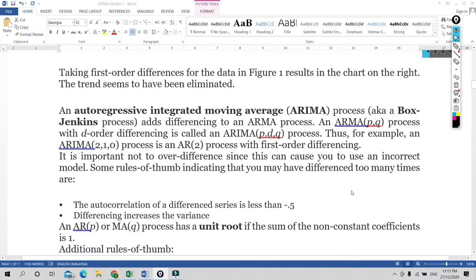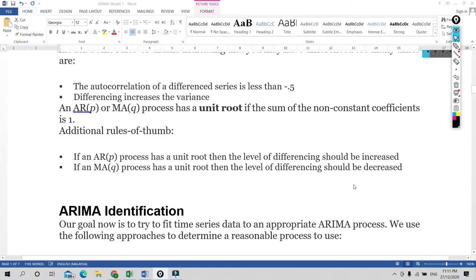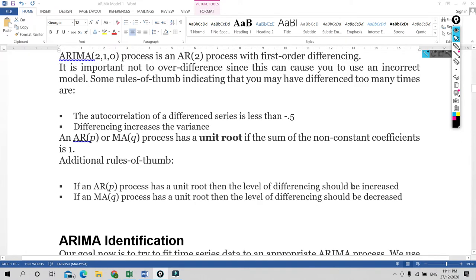Now, how to decide which model to choose, how to identify the model here. If an AR process, the autocorrelation of the differenced series is less than negative 0.5.